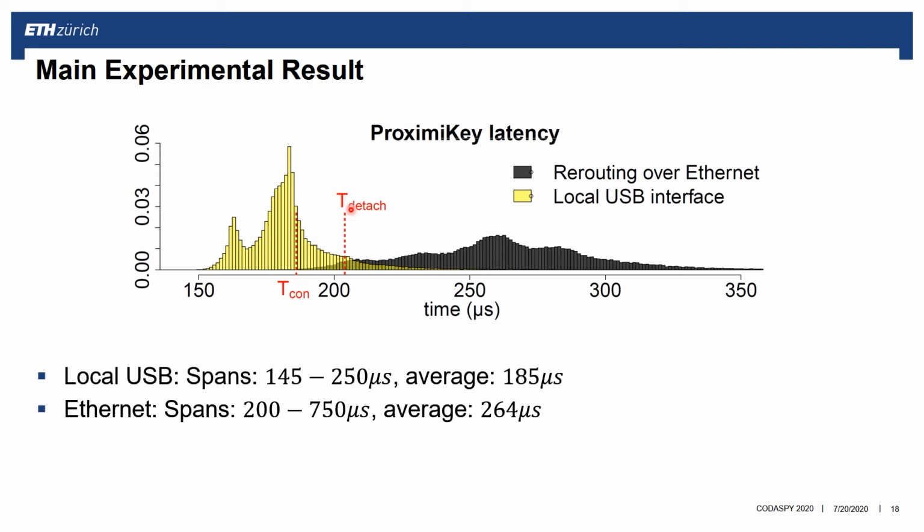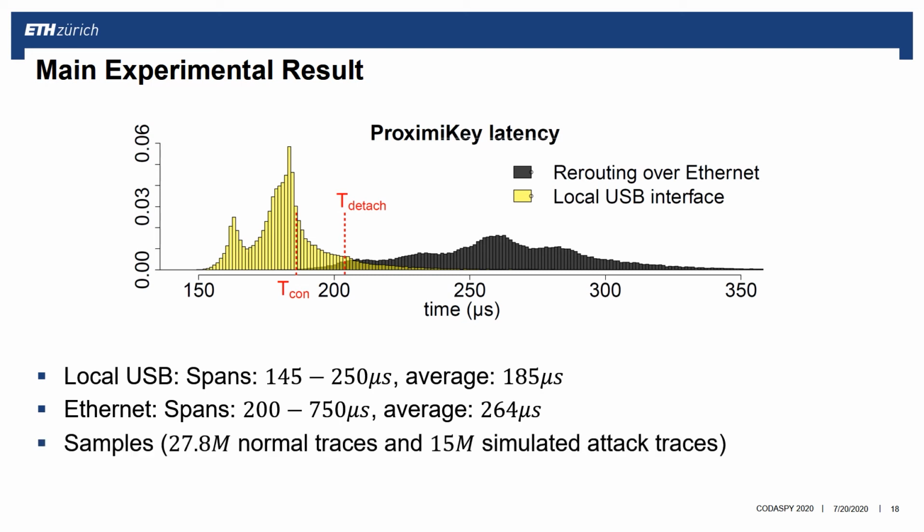If you see, there is a threshold value, and ProximiTEE uses this threshold value to assign a certain confidence factor to distinguish between a legitimate local USB connection and a relay attack. We have a few million samples to make sure that our result is robust and consistent.